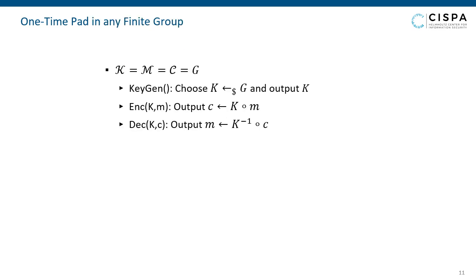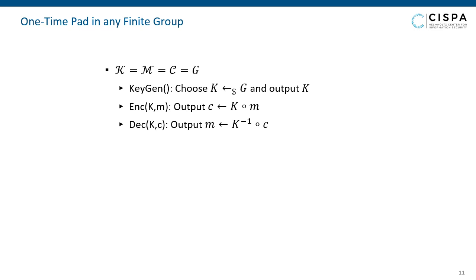If we look at both the construction and the proofs of correctness and security for the one-time pad, we immediately observe that this construction doesn't just work for the group of binary strings with XOR, but in fact for any finite group.